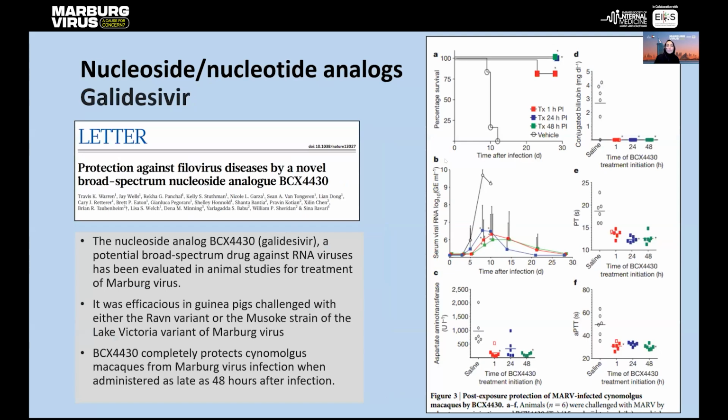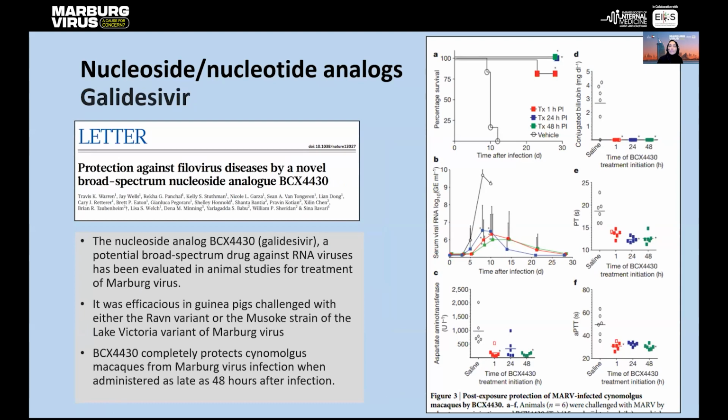Another study looked at a new broad-spectrum anti-RNA virus drug called galidesivir. Galidesivir is a potential broad-spectrum drug against RNA viruses, and it's been evaluated in animal studies.